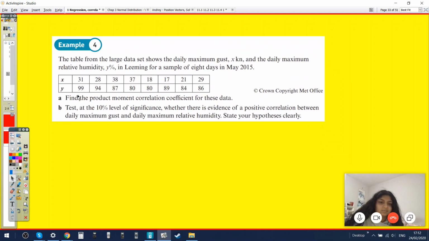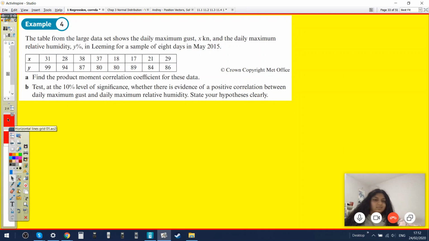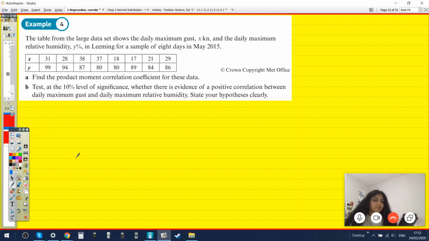How about this? You have to find the PMCC on the calculator. Yeah.